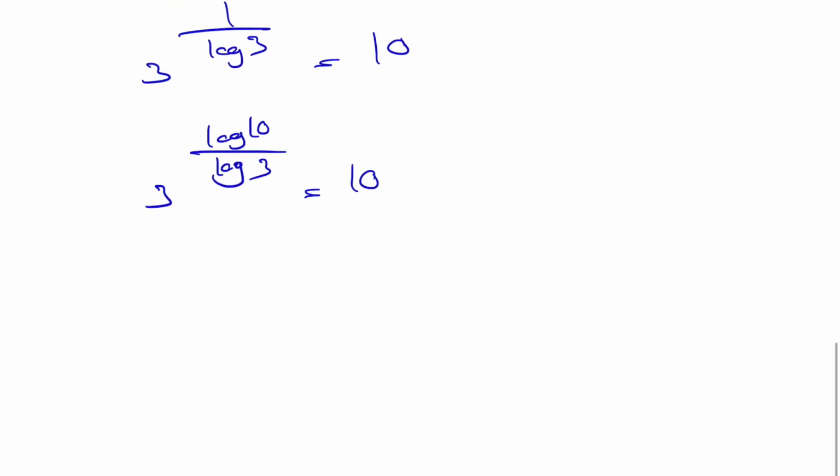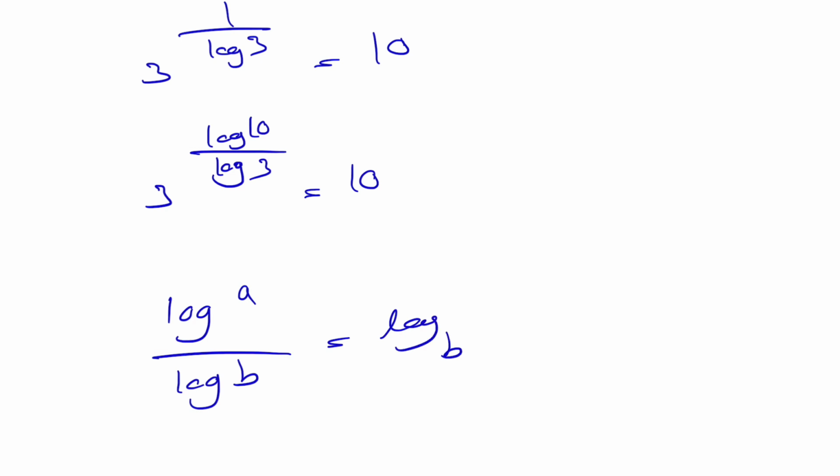So log of 10 divided by log of 3 is equal to 10. Another law of the log: when we have log of a divided by log of b, this will be equal to log base b of a.